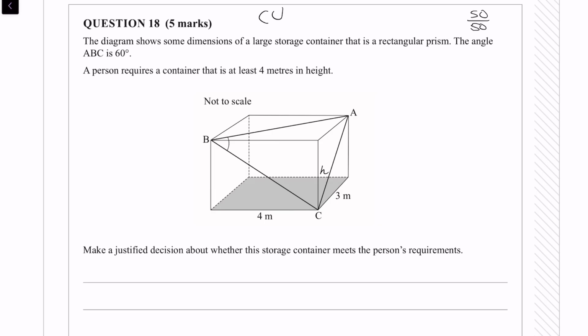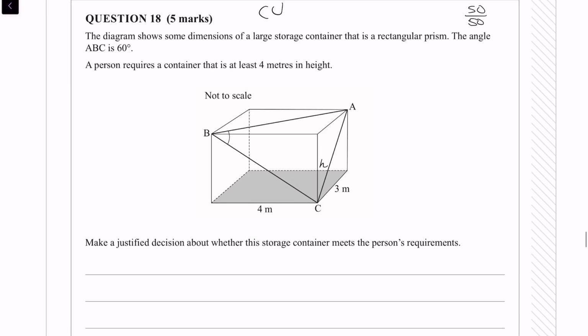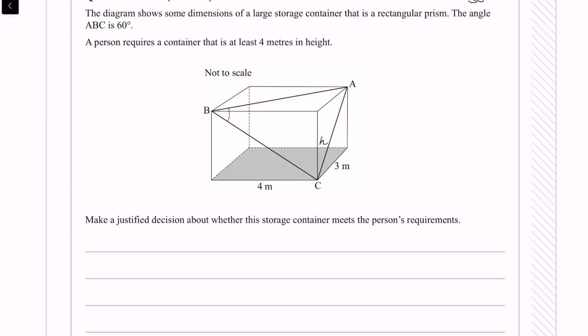I'm particularly annoyed because I feel like this was such an easy question to do. Easy, complex, unfamiliar question, but I think when I tried it on my own without looking at the marking guide, I might have fallen into the same trap, but I don't exactly remember why I got the wrong answer. But I do know that for all the questions that asked about the reasonableness or making a justified decision, I said unreasonable for all of them.